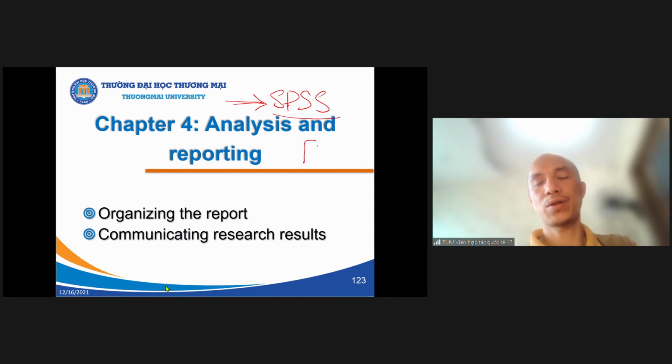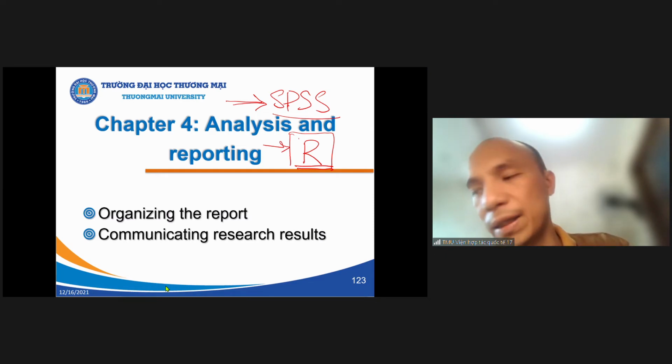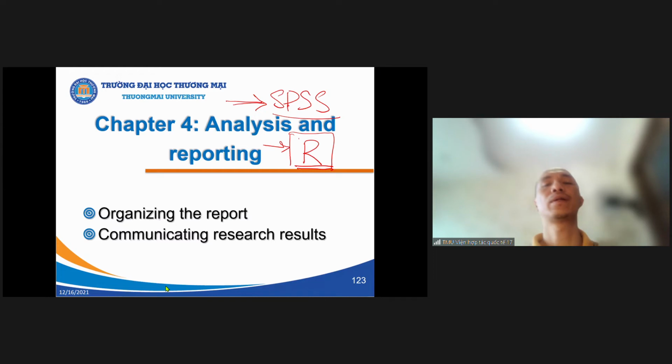So the software that I advise students to use is R. This software is free. But to use this is a bit more complicated than SPSS because it's not already set up. It's kind of open code, so you have to learn about coding.